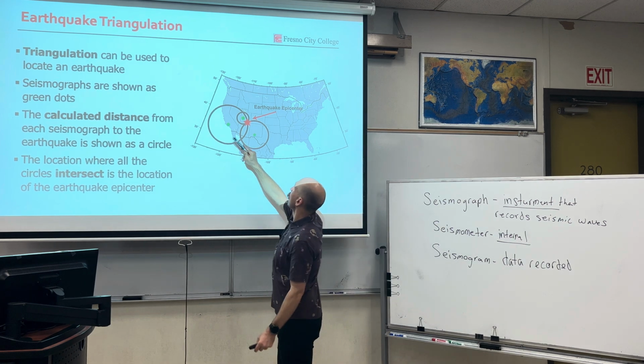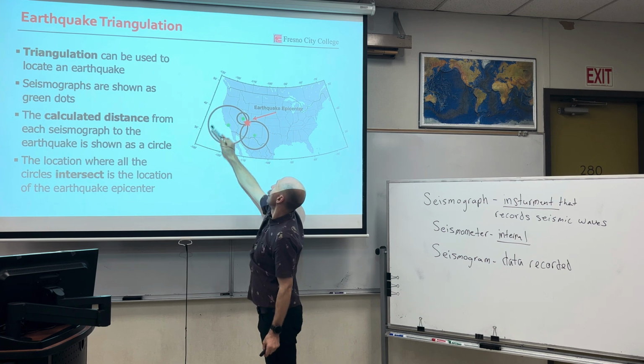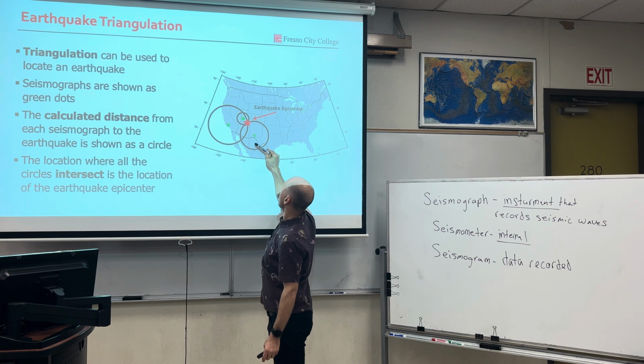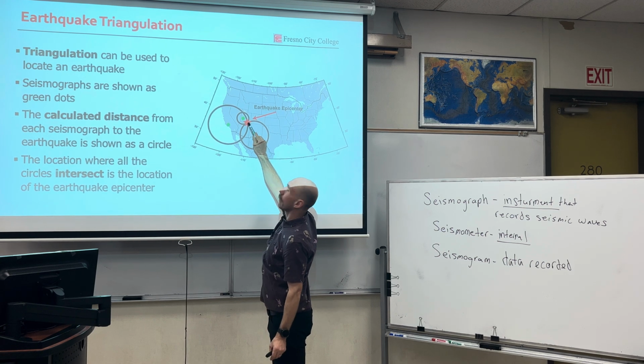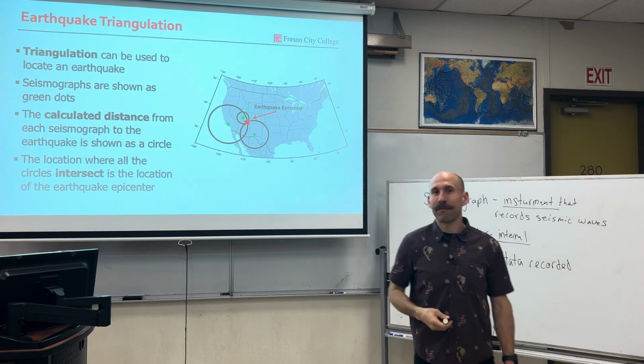But let's say it's down here in LA. That distance could be in any direction. So you need minimum 3 locations, and where they all overlap, the distance away from the 3 locations, is the location of the epicenter of the earthquake.